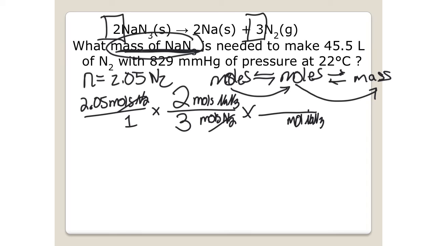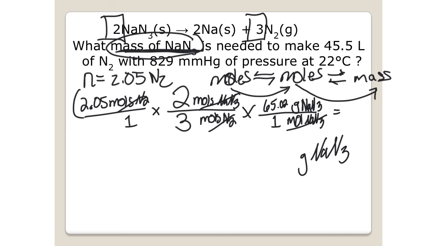And we want to get ultimately to mass of Na2N3. And so here's where you always put 1 with the mole, and the G is always the molar mass. We already figured out previously that the molar mass for our Na2N3 was 65.02. So that's going to go right here. And now these cancel. We're left with G of Na2N3, which is what we wanted.